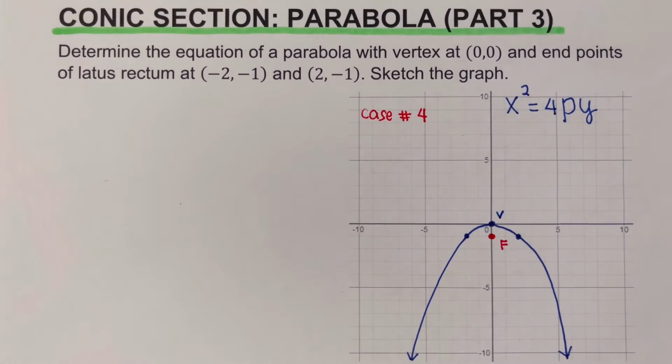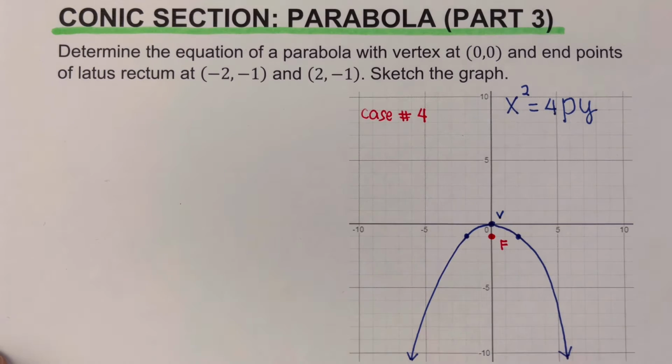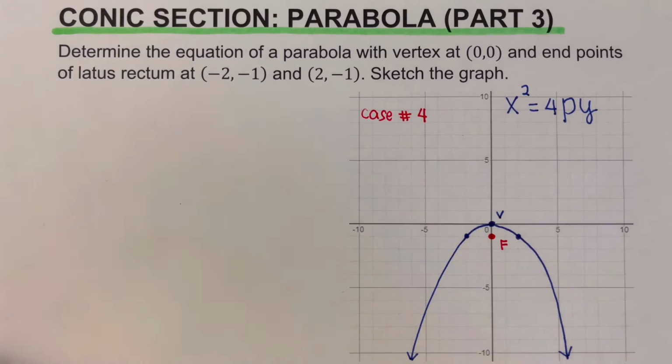So I'm going to show here the algebraic method of determining the focus. We already have it drawn here, but we need to show that it really is at this point. Again, we remember that the focus is the midpoint between the 2 ends of the latus rectum. So I'm going to write that up here.